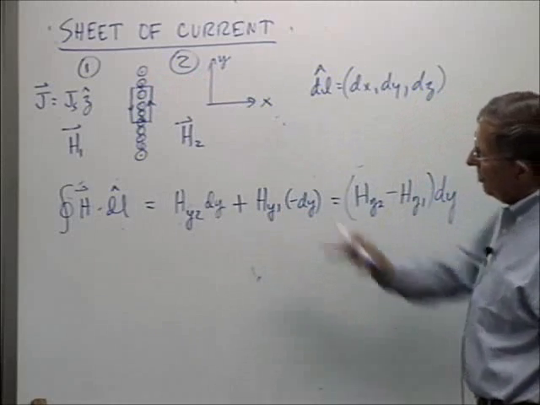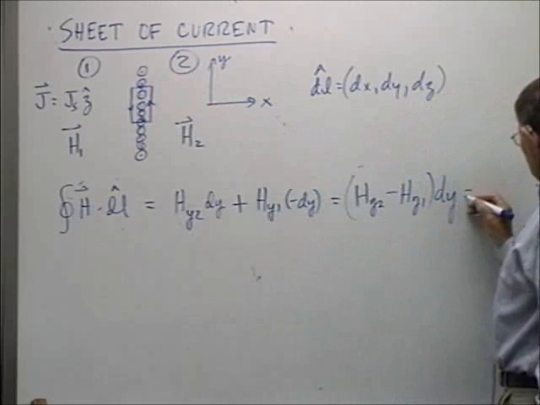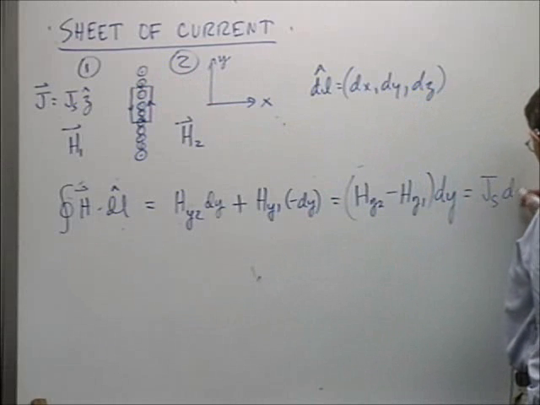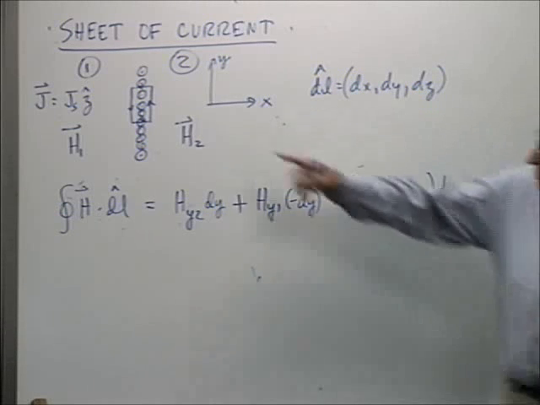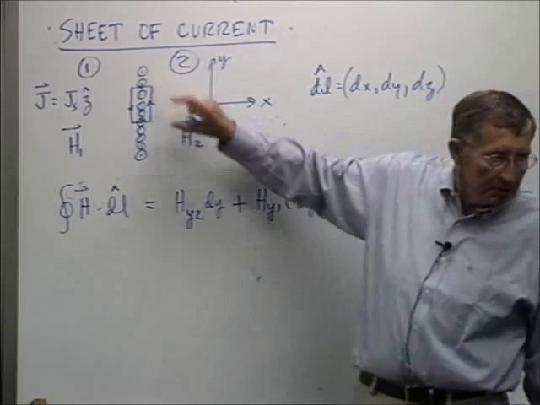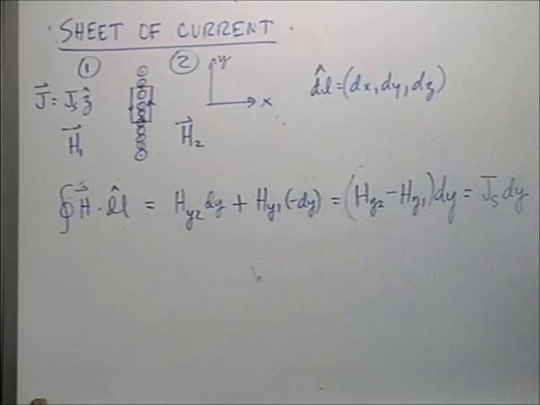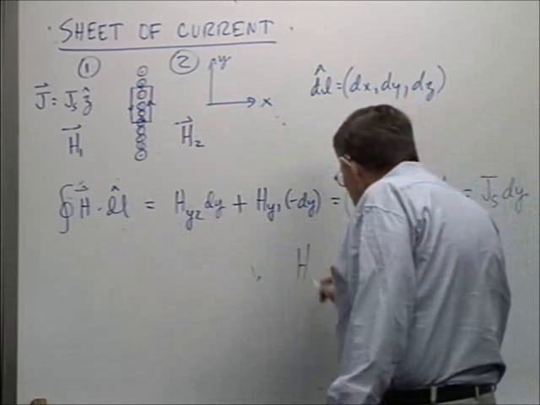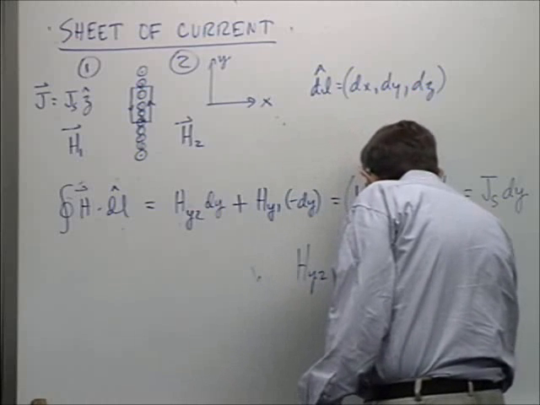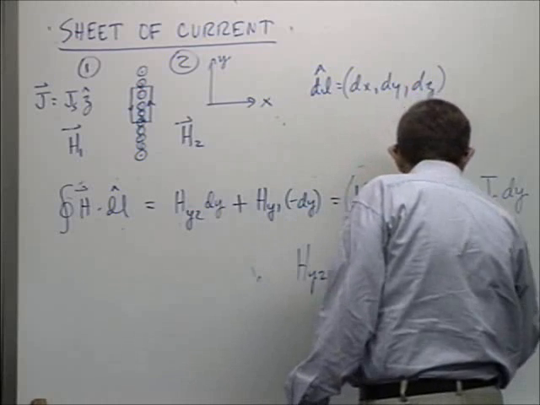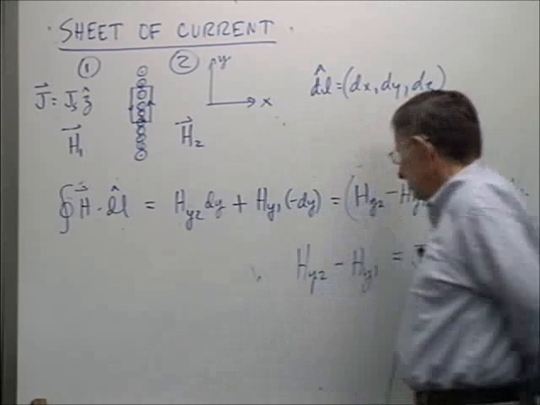So the current enclosed would be Js dy, because it's just the current density times the length I use, right? So this says that Hy in region 2 minus Hy in region 1 is equal to Js.